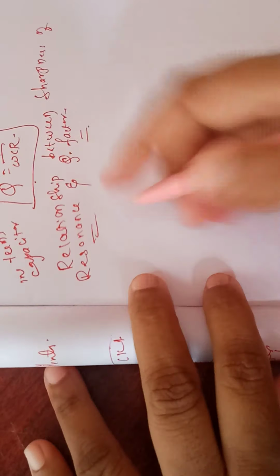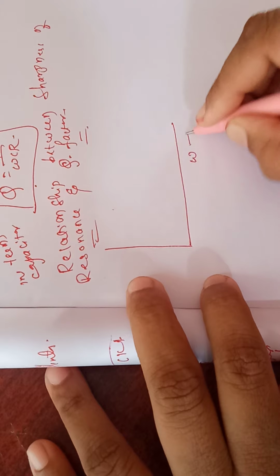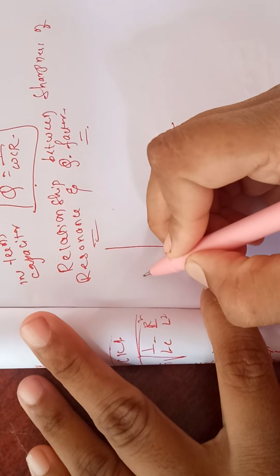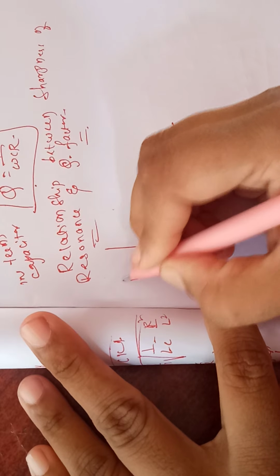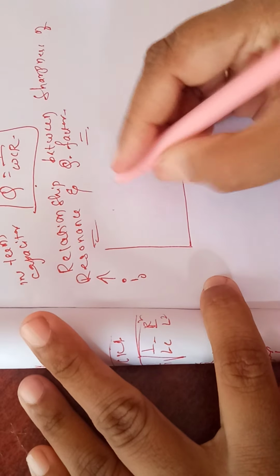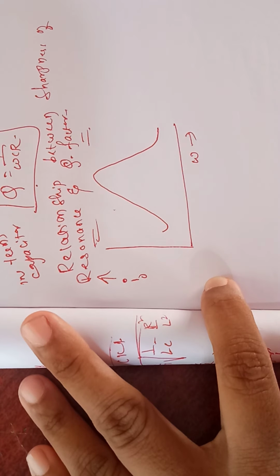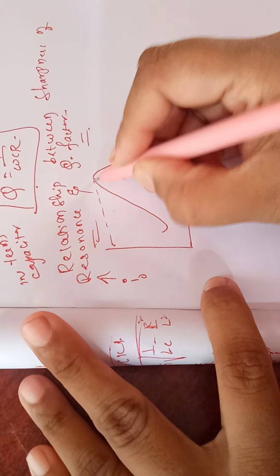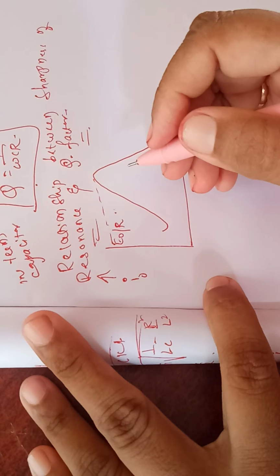Let us draw the graph between angular frequency and voltage or current. The graph comes out in such a way. This is the maximum current, E naught by R.